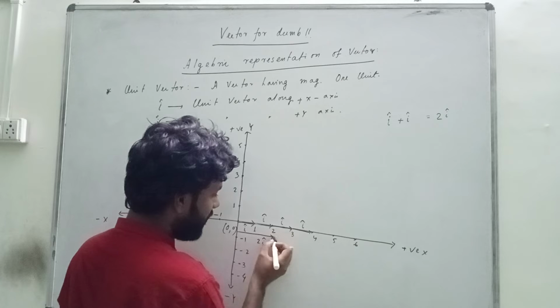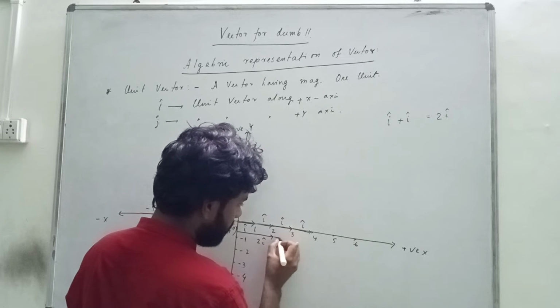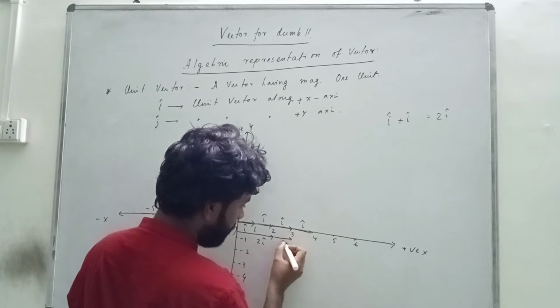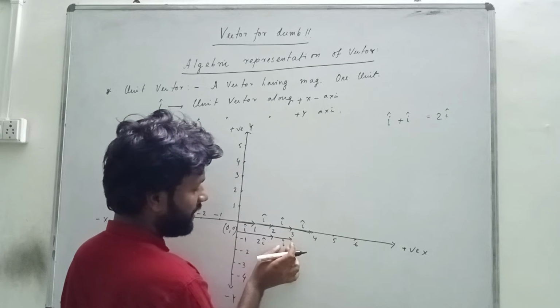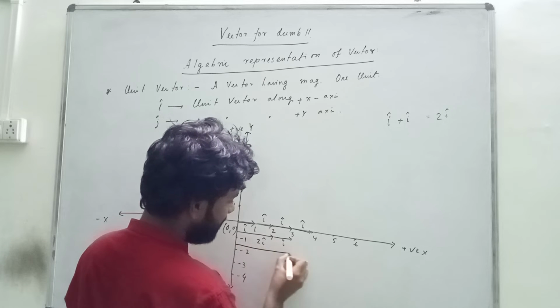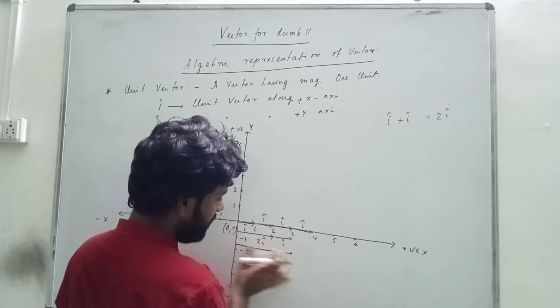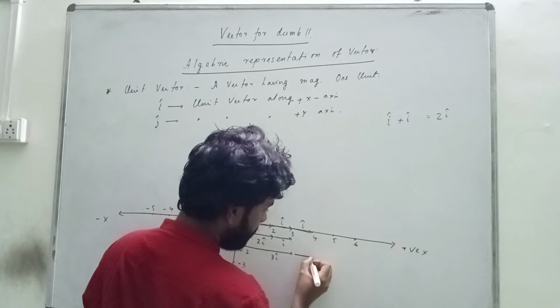And if it is 2 I cap and you draw another I cap, then 2 I cap plus I cap is 3 I cap.